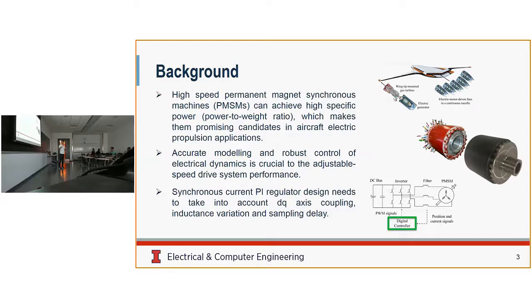And for the speed regulation, we also want to control the inner loop current dynamics. So that's what this study is about. The synchronous current PI regulator design needs to take into account the DQ axis coupling, inductance variation, and the sampling delay.